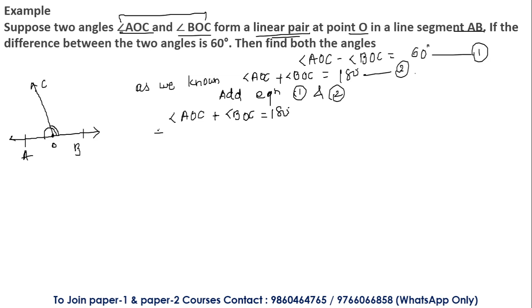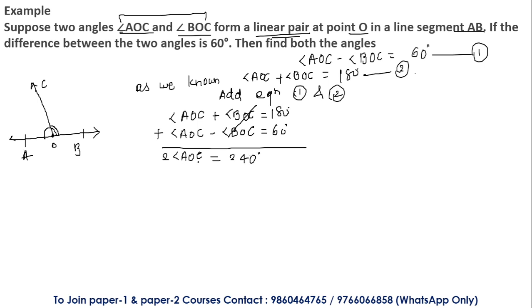If I add to it angle AOC minus angle BOC, this is equation number 1. Here I'll get angle AOC plus angle AOC as 2 angle AOC, and plus angle BOC minus angle BOC cancels out, right? So this will give me 180 plus 60, that is equal to 240 degrees.